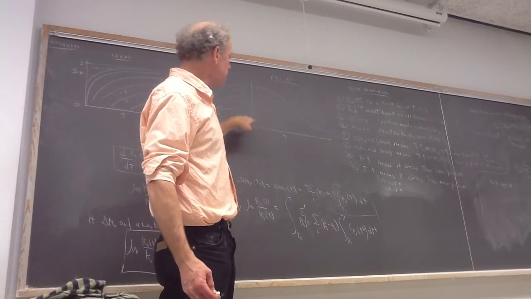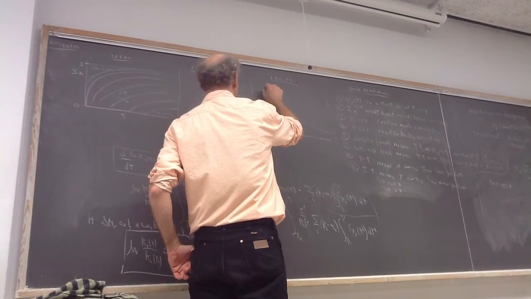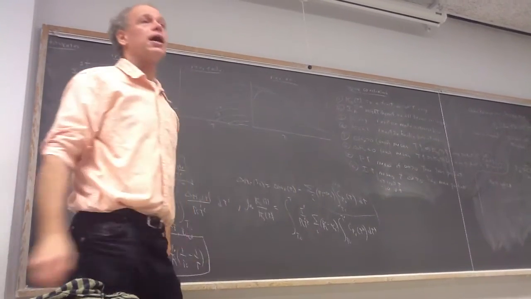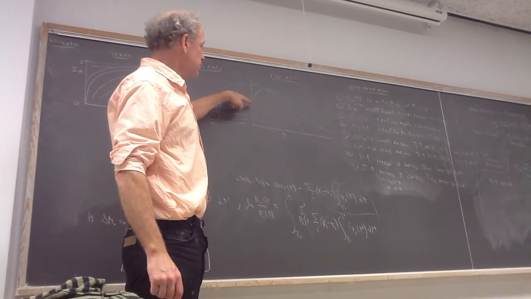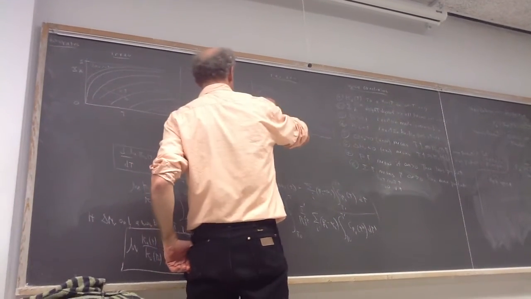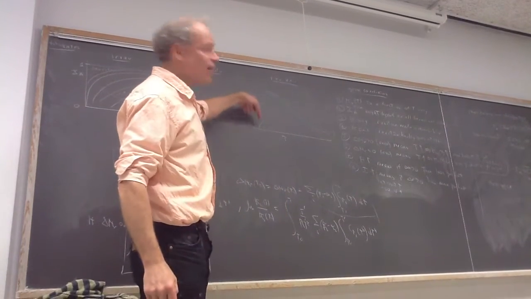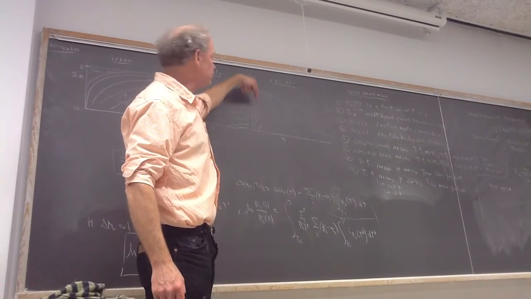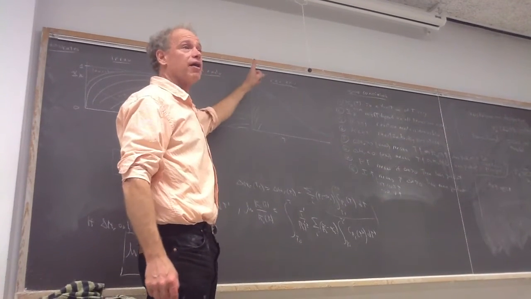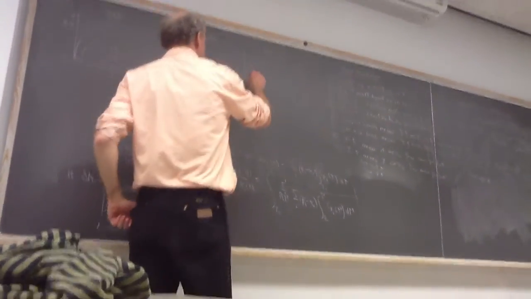So around here I'm going to have some curves that look like this. And again, this is the direction of increasing rate. Because as I go down, I have more reactant. As I go up, I have less reactant. So clearly this is the direction of increasing rate.